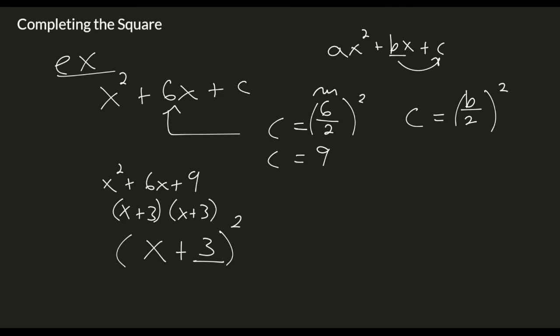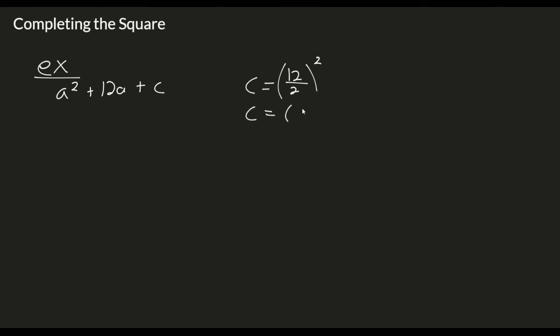Let's go ahead and take a look at another example. For our next example, let's say we have a squared plus 12a, and then we need to add on some c value to complete the square. Well, our b value is 12, so the c value that I'm going to add in is equal to 12 over 2 squared.